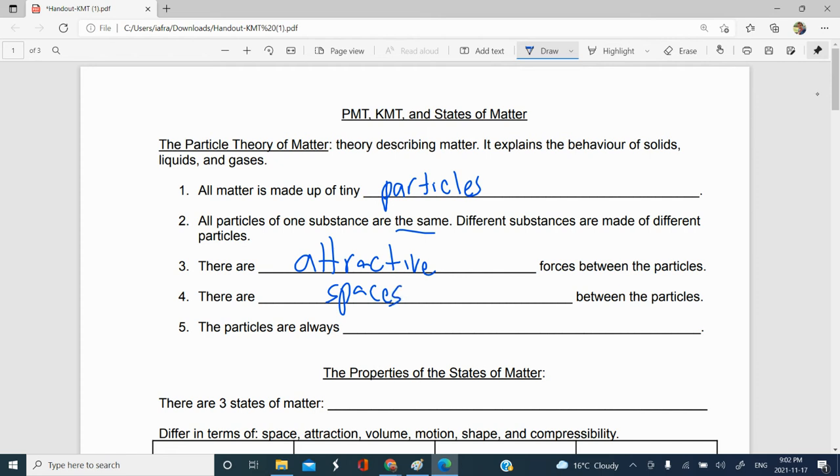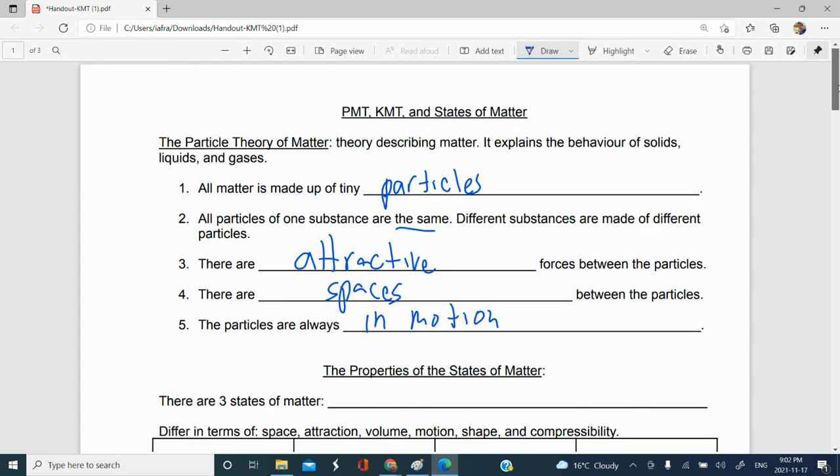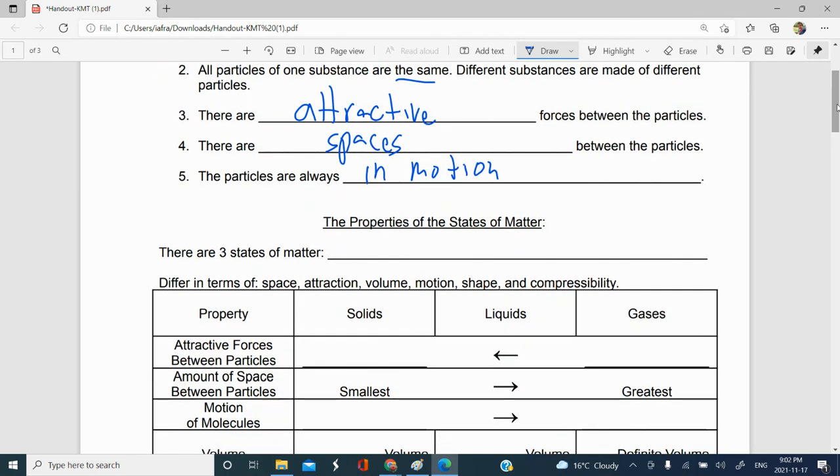And the particles are always in motion. And we saw that there's 3 main states of matter. One of them is solid. One of them is liquid. And one of them is gas.